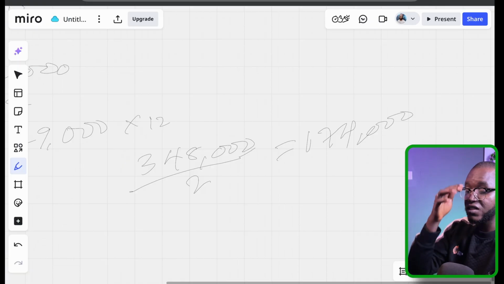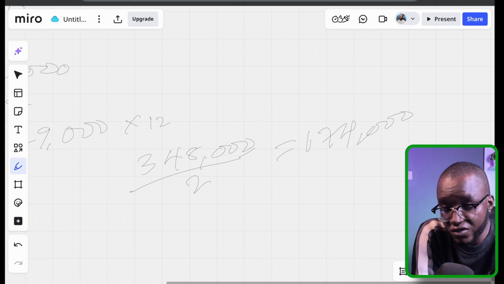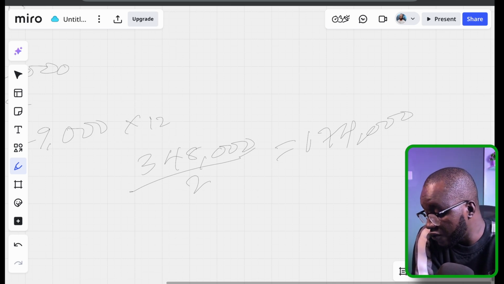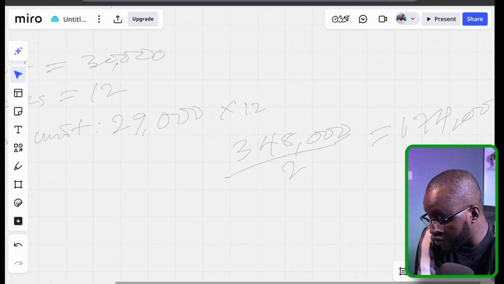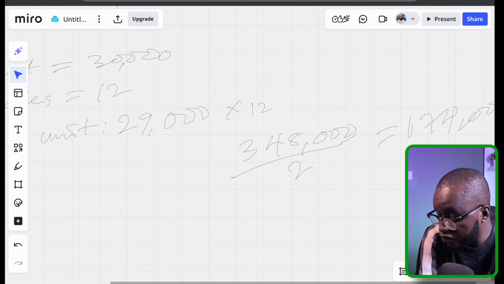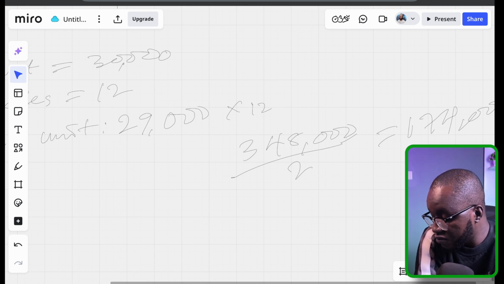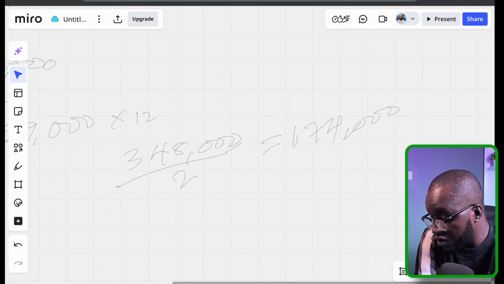Now, what is our ROAS at this point? We spent 30,000 on adverts, and we generated 12 sales with a product price per unit of 29,000. Total sales generated is 348,000. With a 50% successful delivery rate on average, that is 174,000.